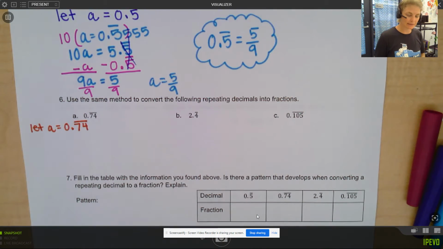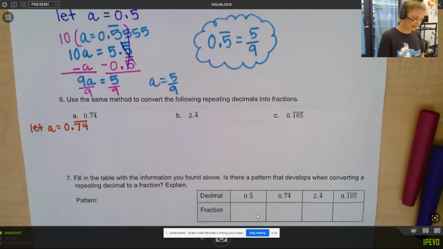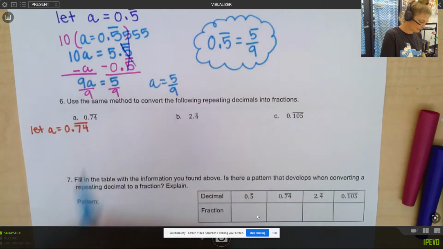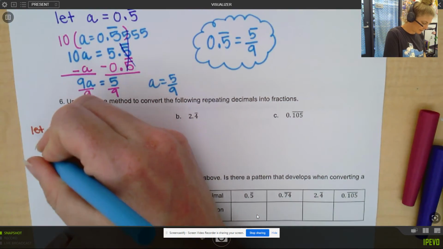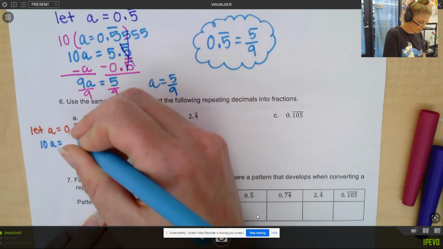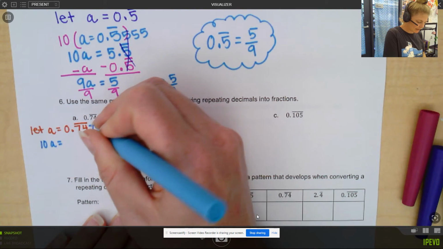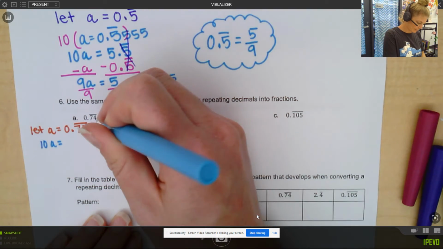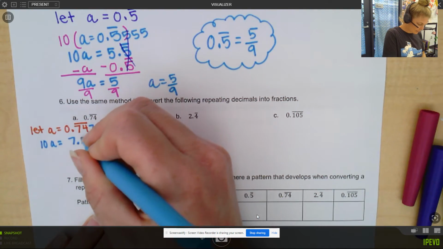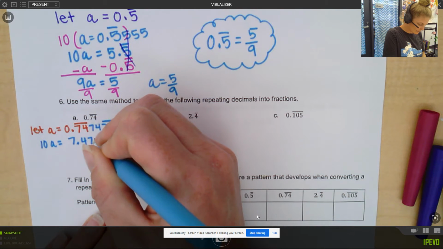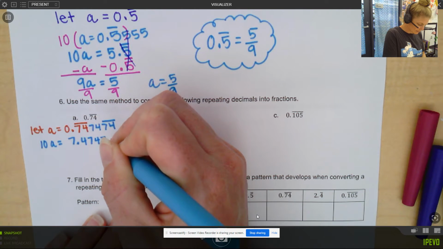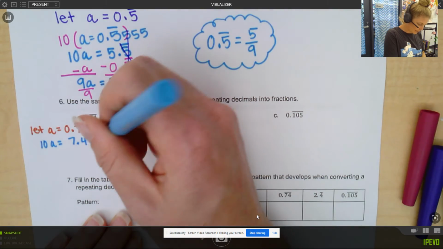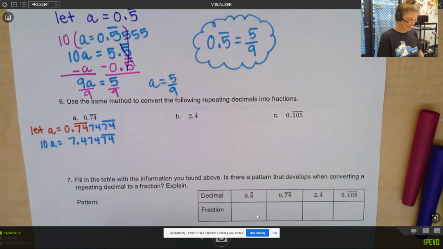Okay, next thing's next. If we multiplied both sides by 10 here, we would have 10a equal to, move the decimal over once, and if you like to add some more 74s here, be my guest, 7.4747, right? Because it's 74 repeating.